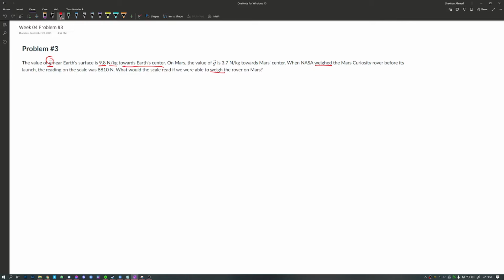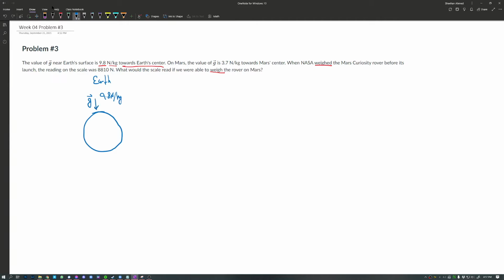Let's start with a sketch. So let me mark these off. Earth, our favorite blue planet. Let's draw that as a blue circle. So we have Earth over here, and what it's telling us is G near the surface of the Earth is 9.8 newtons per kilogram, and it points towards the center.